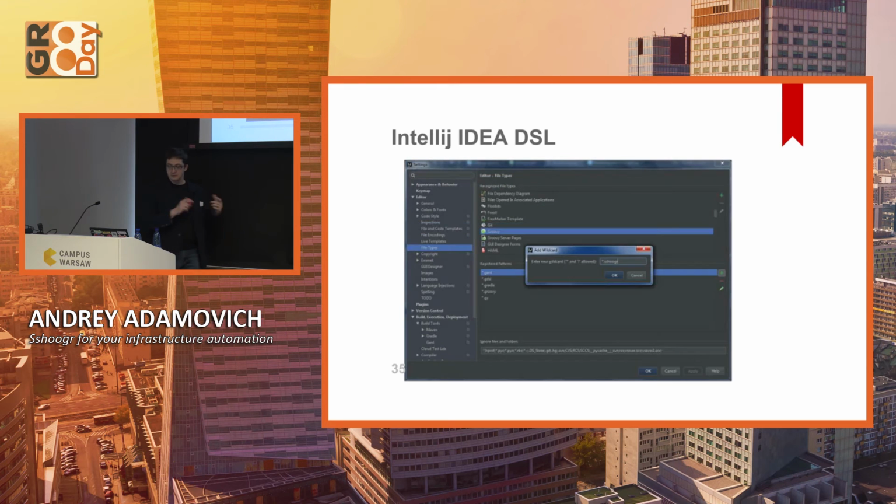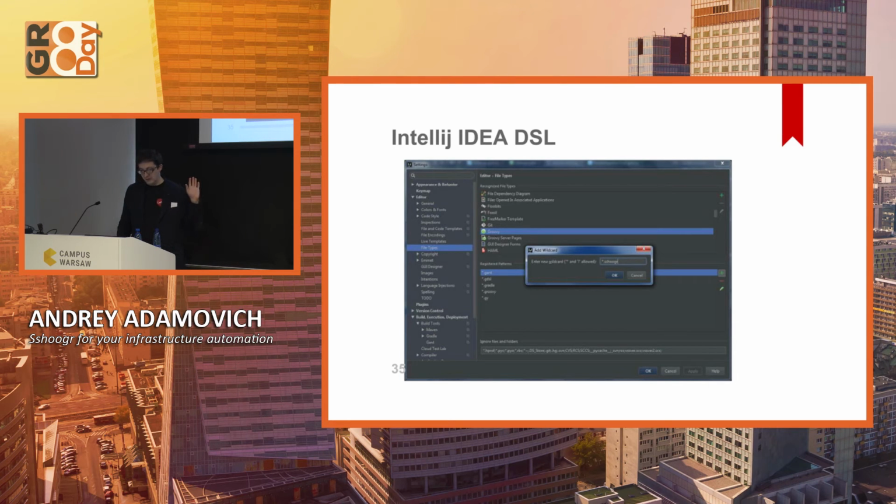So you add the Sshoogr file type into IntelliJ, and you make it a Groovy file type. Whenever the Sshoogr jar is on your class path, it will recognize the Sshoogr extension, and it will help IntelliJ do code completion and method lookups inside a Sshoogr script without any additional actions.